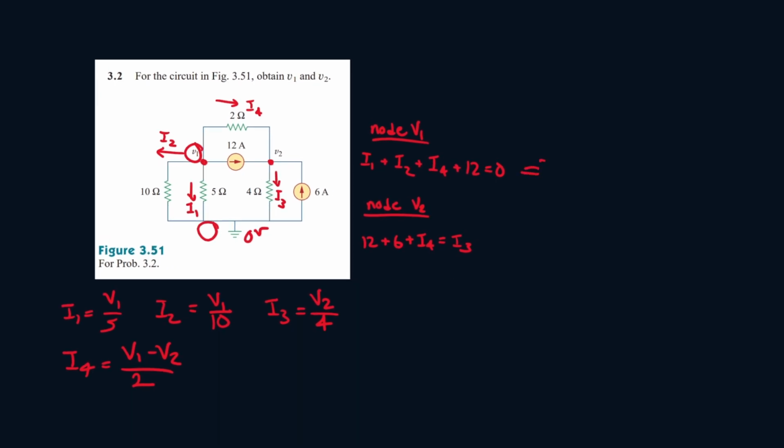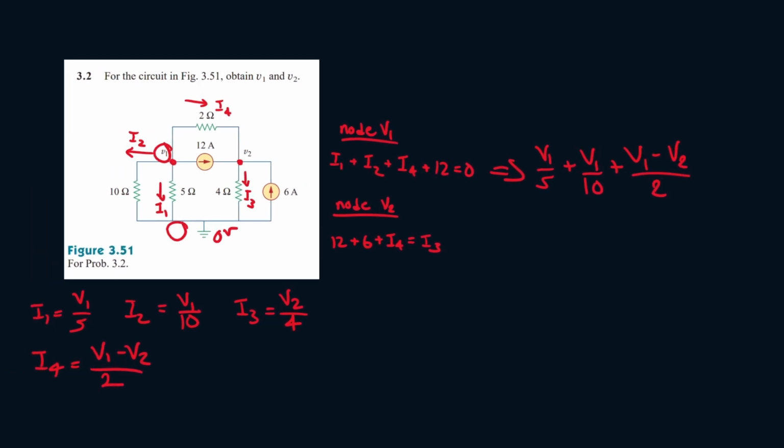For the first one, it will turn into something like this. And then for V2, it'll look something like this. So 12 plus 6, that's 18, plus V1 minus V2 over 2, and that's all equal to V2 over 4.